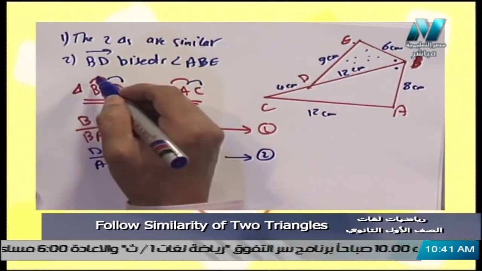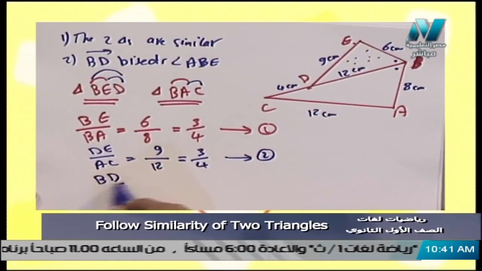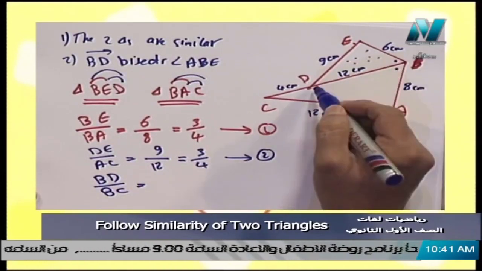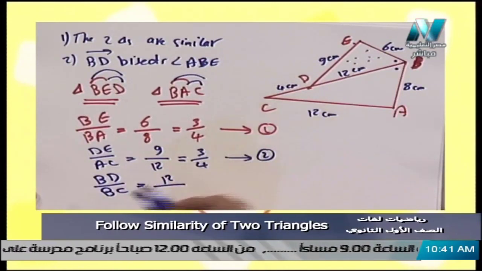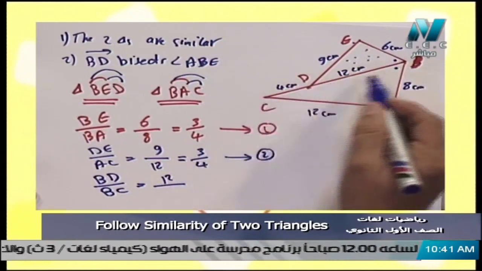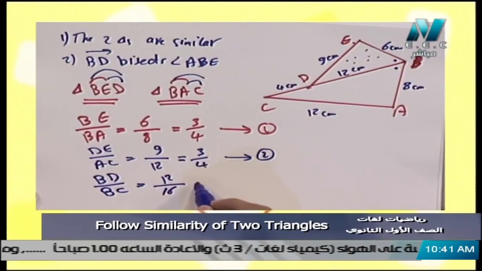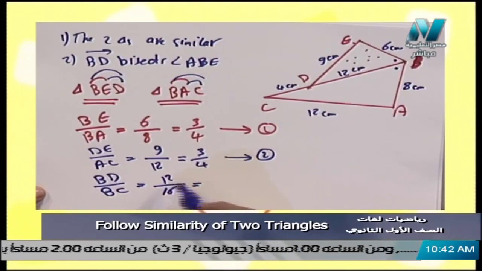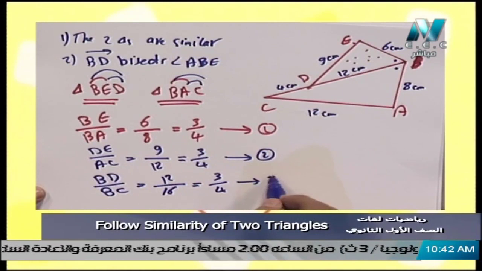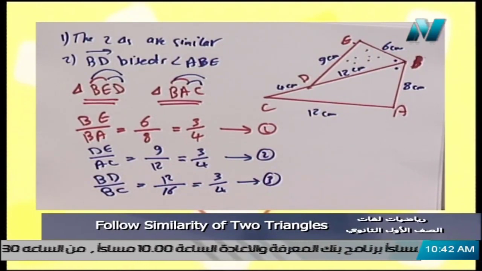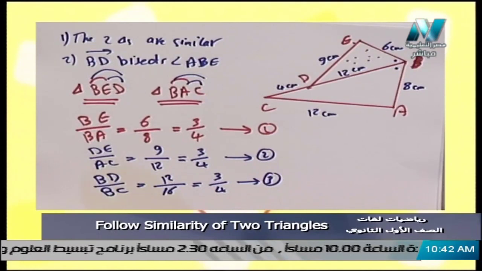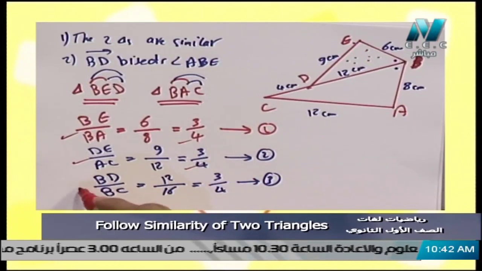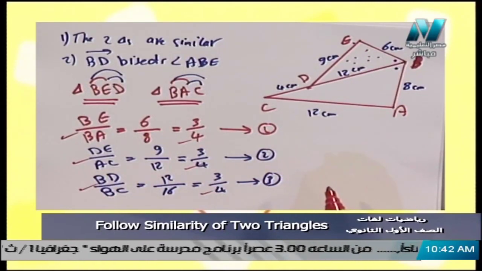And the last ratio is BD over BC. BD equals 12 and BC, all of it, 12 plus 4 equals 16. By simplifying it, by dividing them by 4, it will be 3 over 4. What we notice here is that the first ratio equals 3 over 4, the second ratio equals 3 over 4, and the last ratio equals the same number, which is 3 over 4.